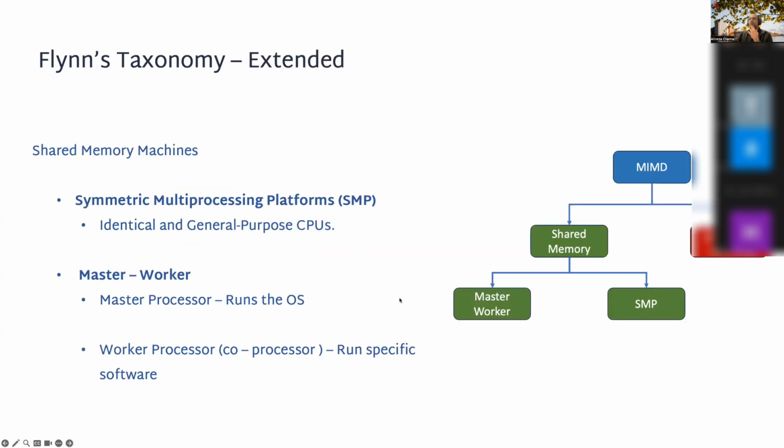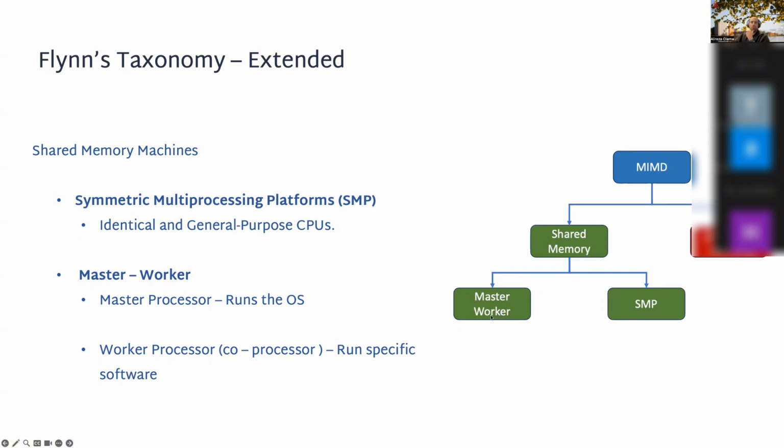All right. So this Flynn's taxonomy actually got extended over time, and you can further categorize these MIMD machines into shared memory systems and distributed memory systems that we have talked about already. And you can also categorize shared memory systems based on two other categories.